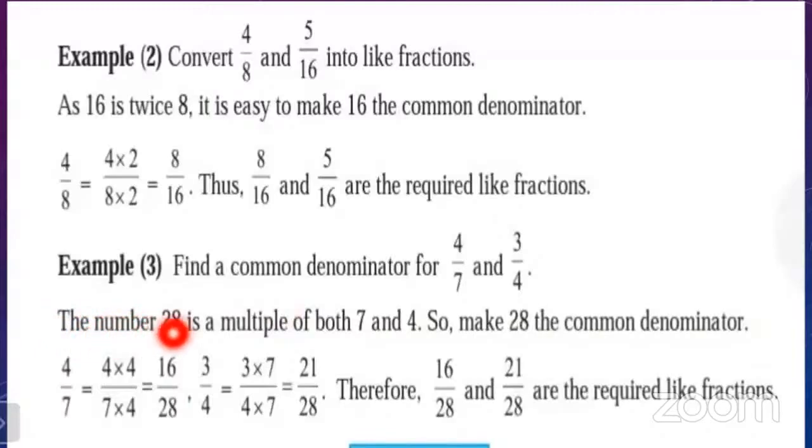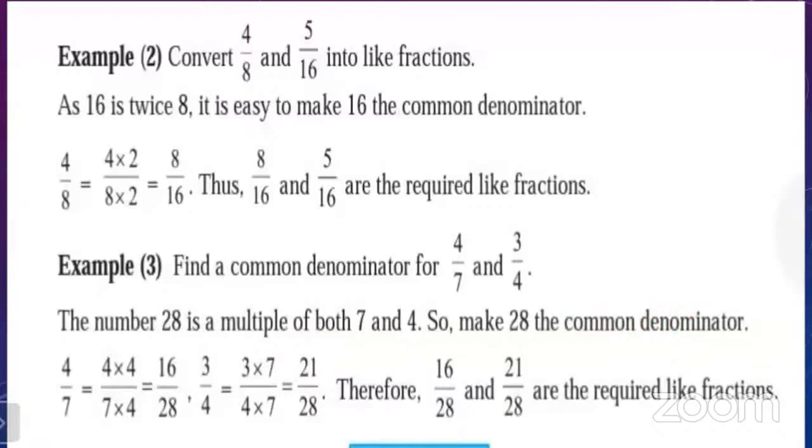So 4 4s are 16, and the denominator 7 multiplied by 4 is 28. So 16 upon 28. Now 3 upon 4 is equal to 3 multiplied by 7 upon 4 multiplied by 7. So 3 7s are 21 and 4 7s are 28. Therefore 16 upon 28 and 21 upon 28 are like fractions.